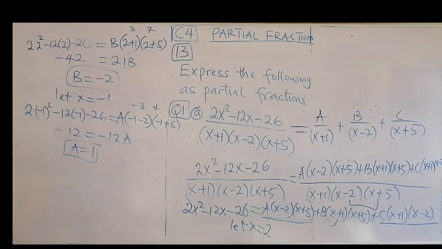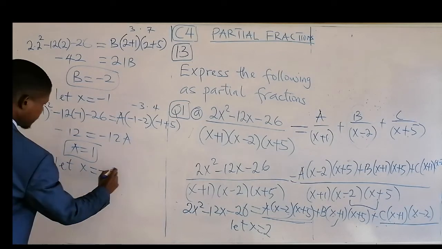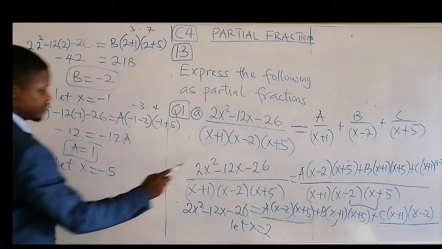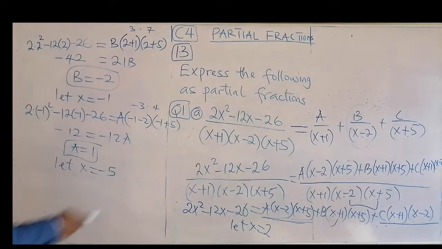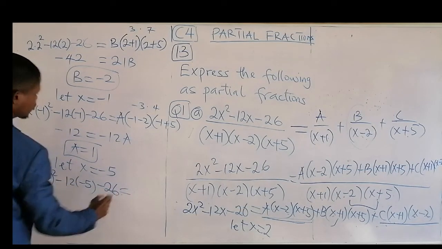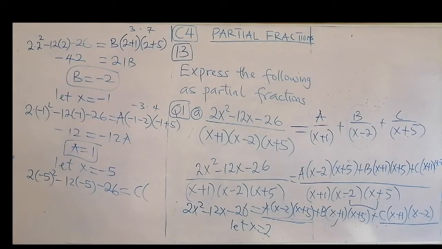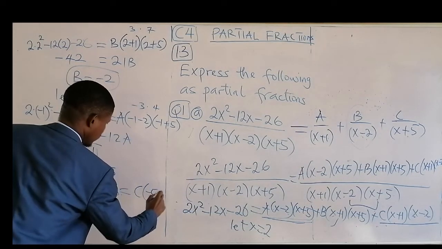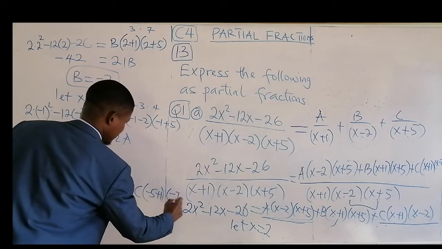A is 1. Then we can also substitute, let x be equal to minus 5, so that this part will cancel. This part also will cancel. A and B will cancel, and then we can get the C part. So we have 2 times minus 5 squared minus 12 times minus 5 minus 26 equal to C into brackets minus 5 plus 1, then minus 5 minus 2, that's minus 7.